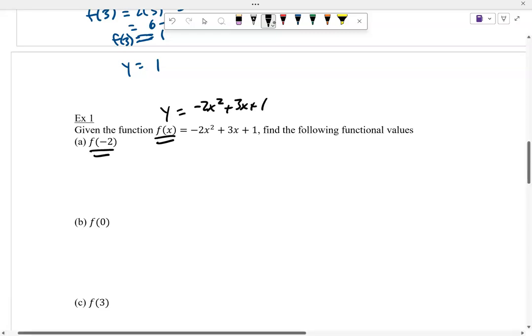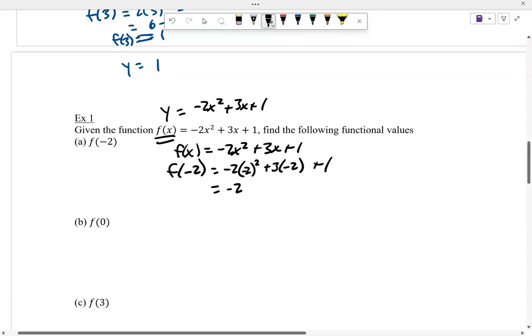So what is this saying? This is saying find y when x is -2. Here's our function, -2x squared plus 3x plus 1. When x is -2, let's go ahead and let x be -2 and find out what y is.